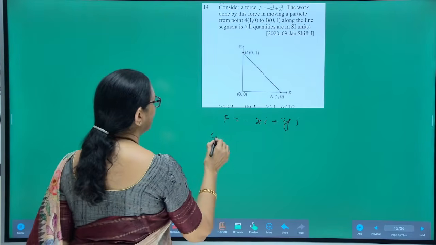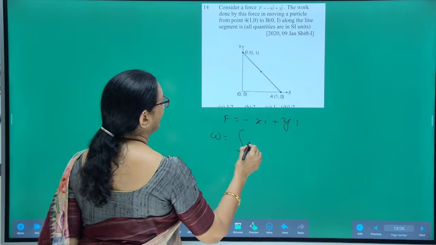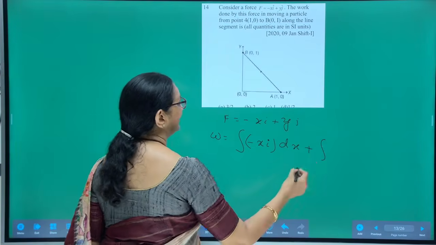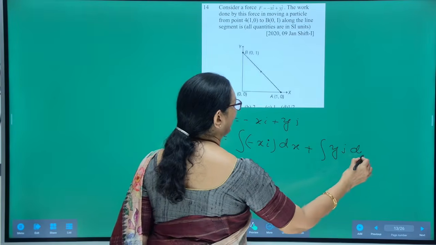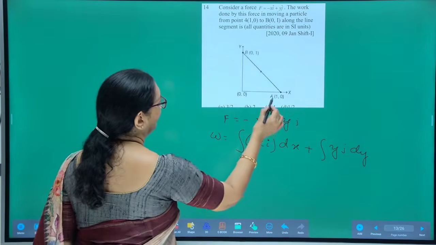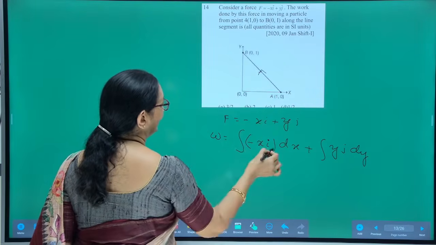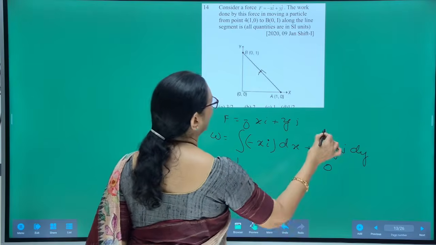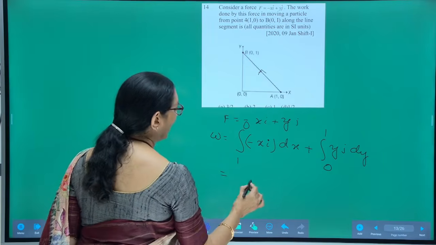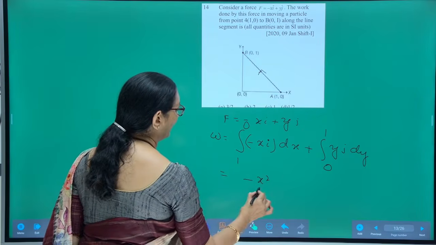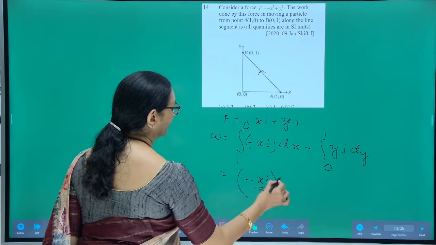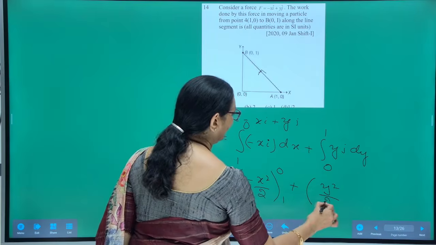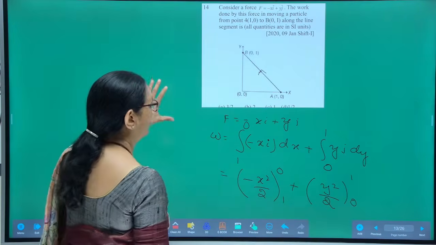So, work done is equal to integral of minus x dx plus integral of y dy, and the limits are for x 1 to 0, for y 0 to 1. So, here minus x square by 2, limits are 1 to 0, plus integral y dy, y square by 2, limits are 0 to 1.